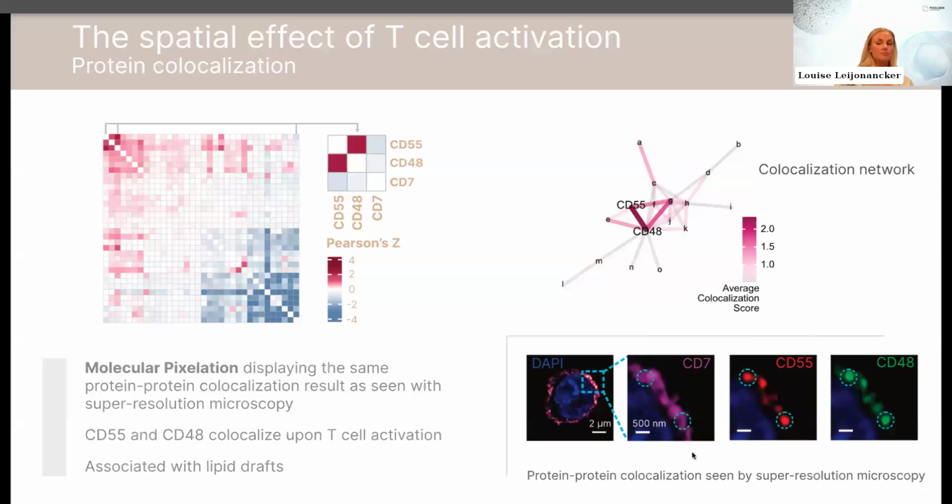CD7 is spreading uniformly on the cell surface, whereas CD55 and CD48 are forming nanoclusters on the membrane. And not only is it forming nanoclusters, but it's forming them on the same place. So we could confirm that CD55 and CD48 are indeed co-localizing. So very interesting.